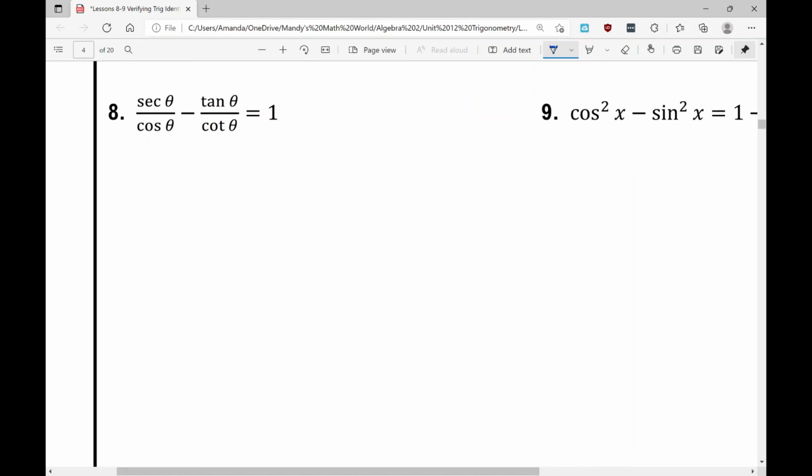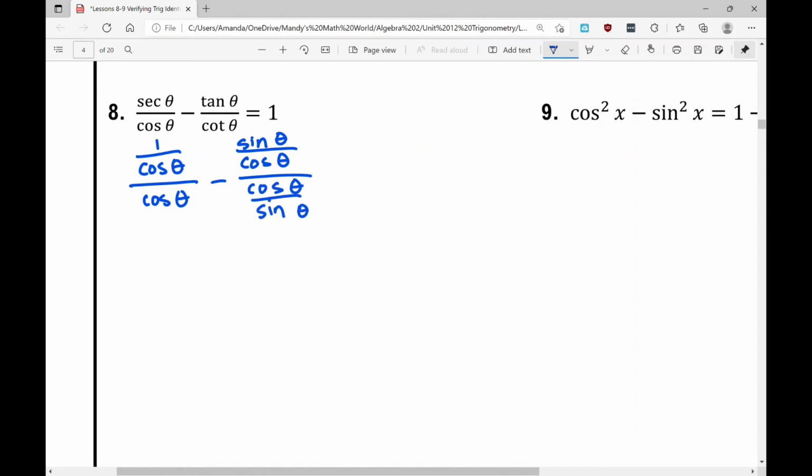Secant theta is the reciprocal of cosine, so I'm going to rewrite that as 1 over cosine theta. Over cosine theta is just cosine theta. Minus tangent theta is sine theta over cosine theta. I'm just rewriting what I know, using basic substitution. Over cotangent theta is cosine over sine.